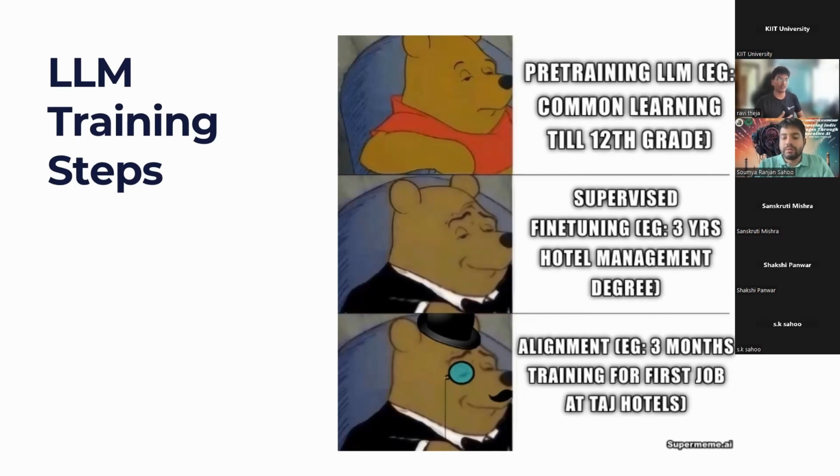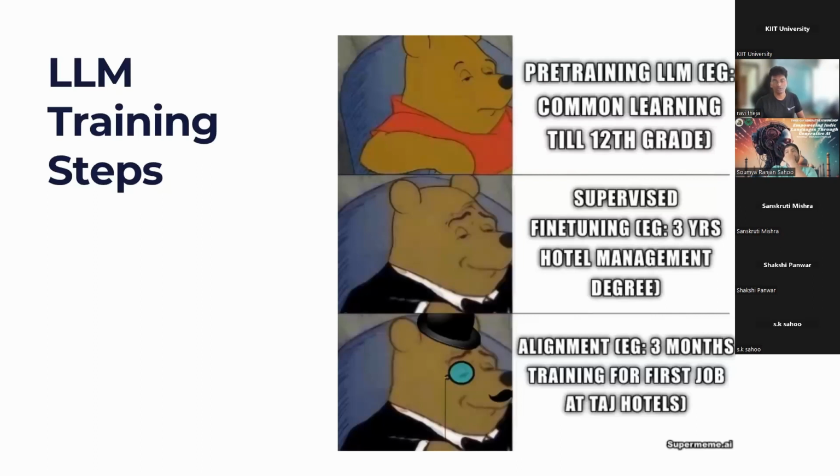So you need alignment, like training for your first job at Taj Hotels. You need again a training of 3 months. The first 3 months are very crucial to understand how a hotel works, how your team works, and how to respond to different kinds of questions from customers and various other things. This is called alignment.